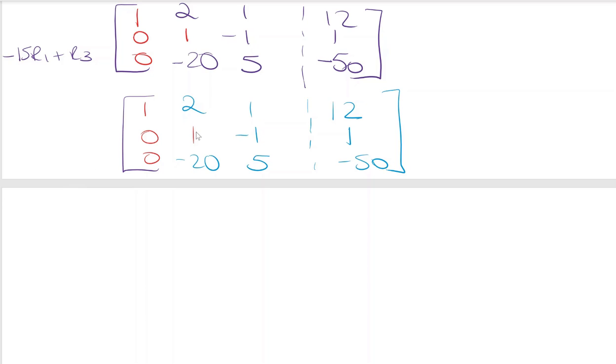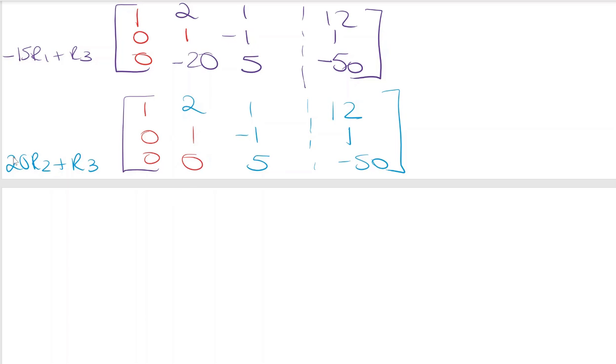So we're looking for a 1. So we have a 1 in row 2. So if you multiply row 2 by 20, and we add this to row 3, so 20 times minus 1 is minus 20. Minus 20 plus 5, minus 20 times 1 minus 20. This becomes 0.